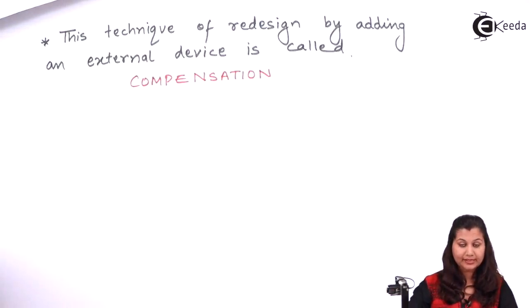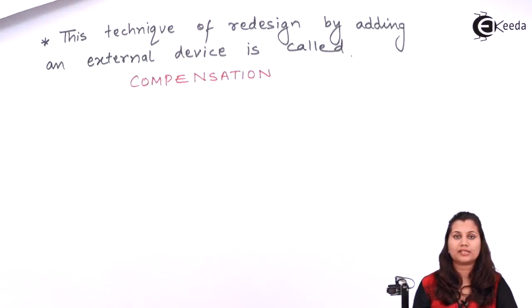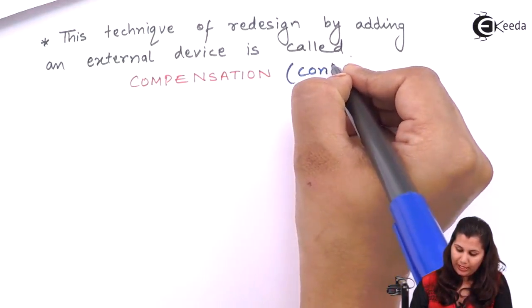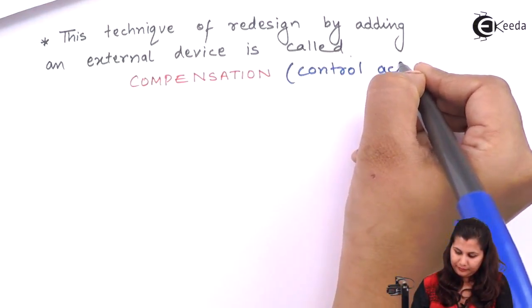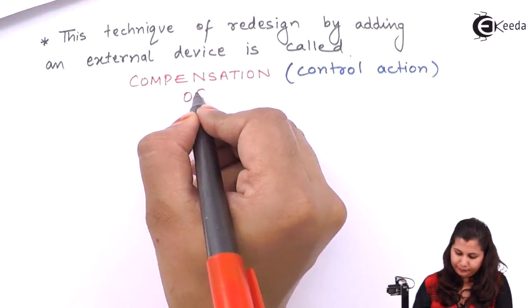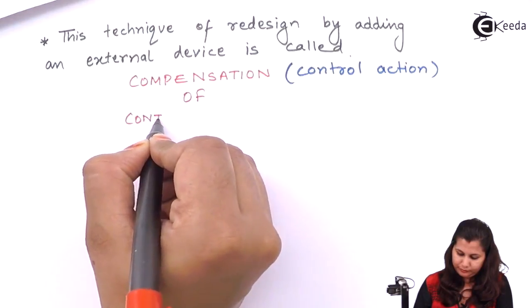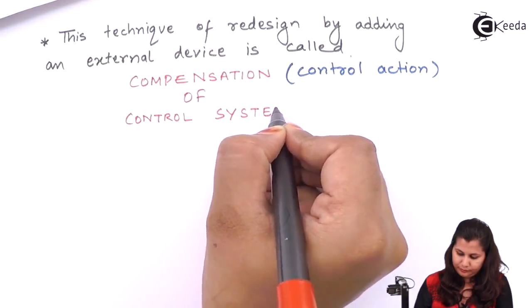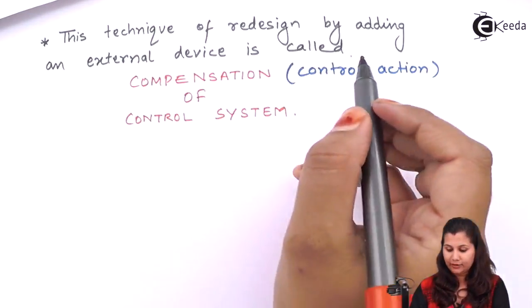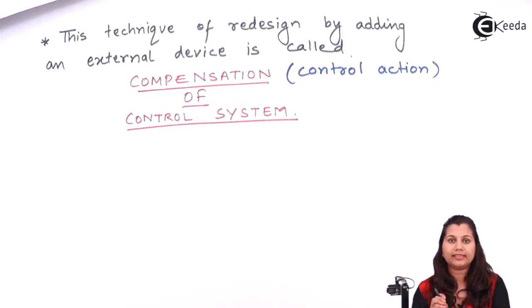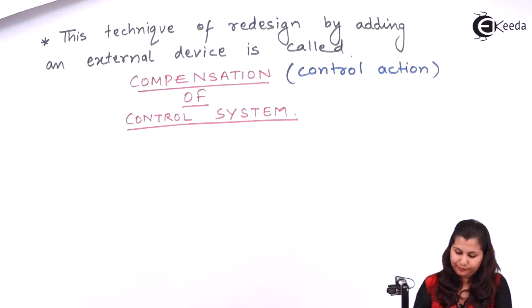Compensation is a type of control action performed on the system, so another name is control action. This technique of redesigning is called compensation, and the external device added to the system is called the compensator.